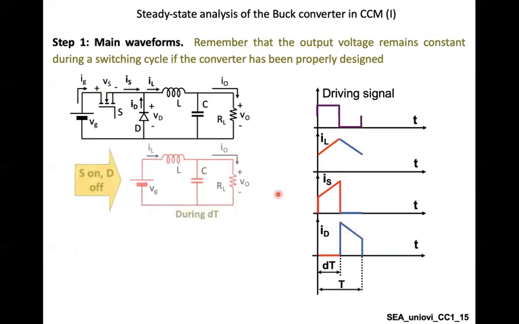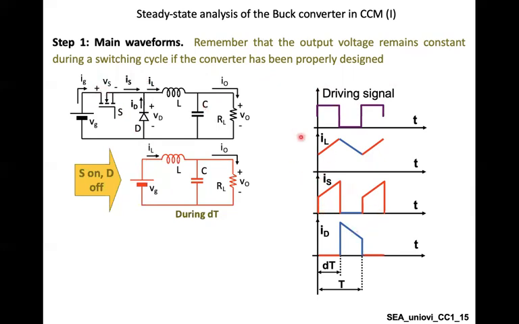A second round will come when this turns on again. When the switch is turned on, your diode is turned off, reverse biased and an open circuit. Now again, as you can see, a high signal is coming to the gate of the switch. Then your inductor is going to charge again, same as IS, because simply IL and IS are the same.